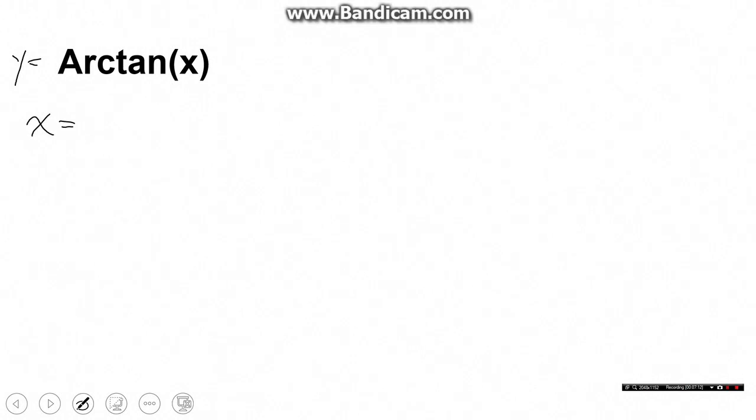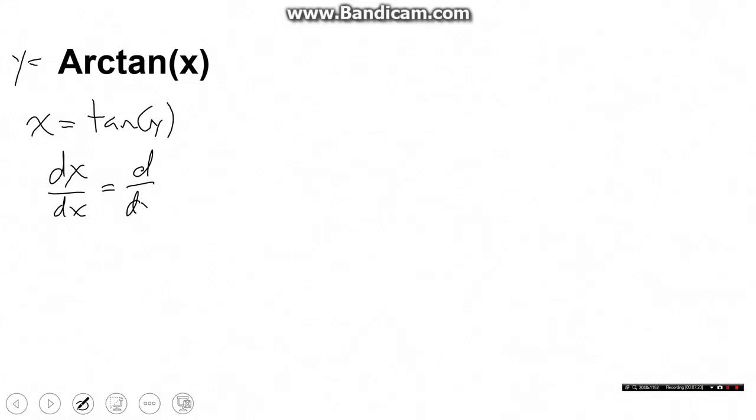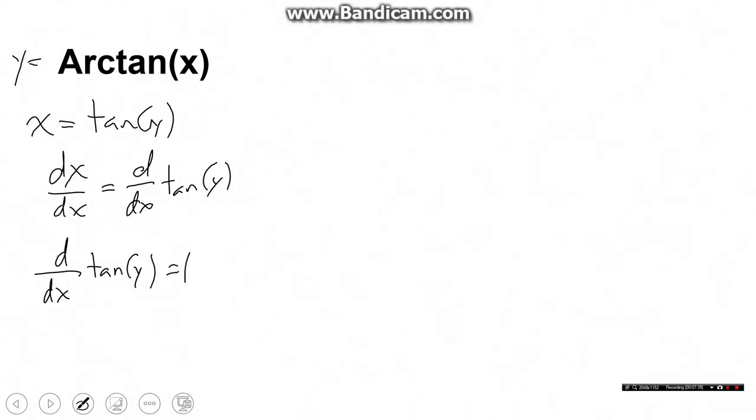So same deal again from the beginning. We'll switch the x and y. X equals tangent of y. Take the derivative of both sides, dx over dx equals d over dx of tangent of y. Then simplify, d over dx tangent y equals 1. And the derivative of tangent is secant squared.